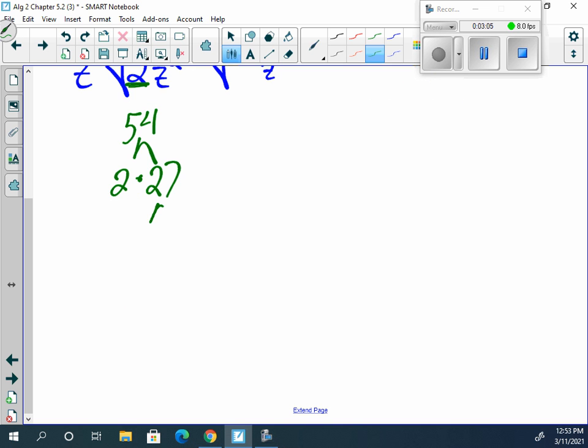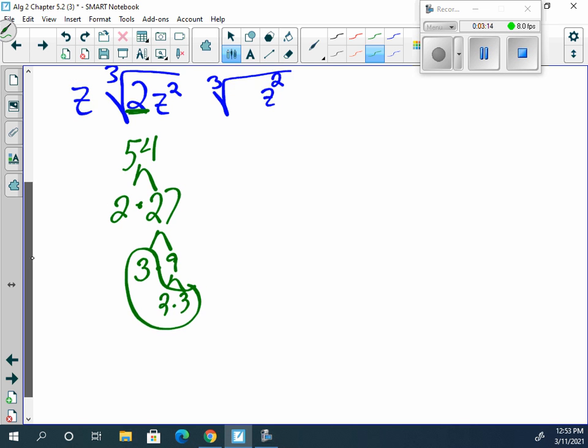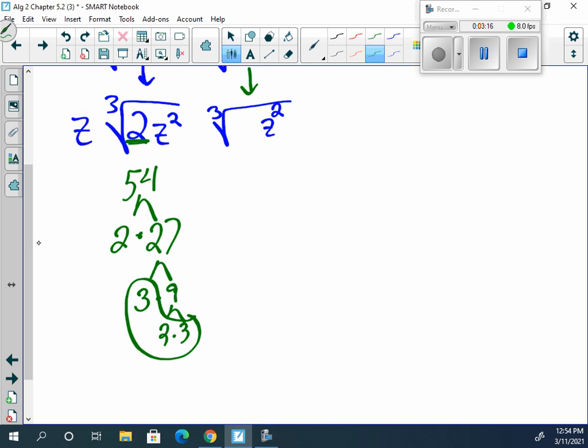Now, 27 is 3 times 9, and 9 is 3 times 3. So in 54, we have 2 times 3 cubed.